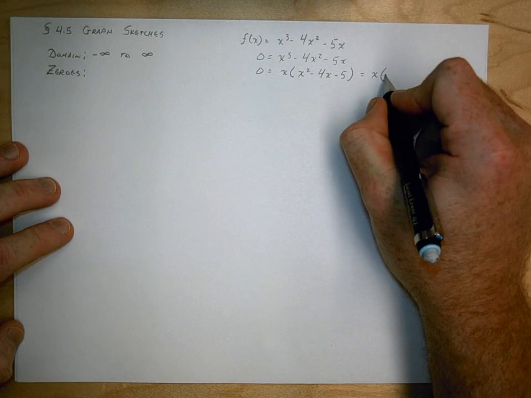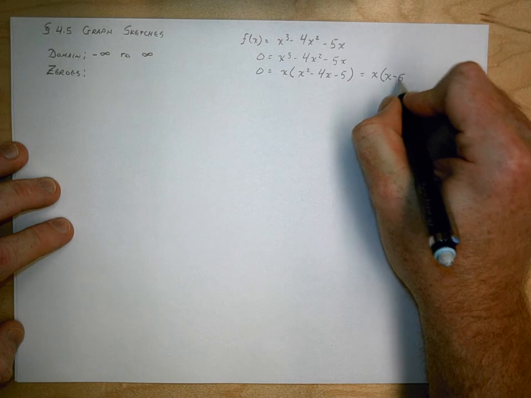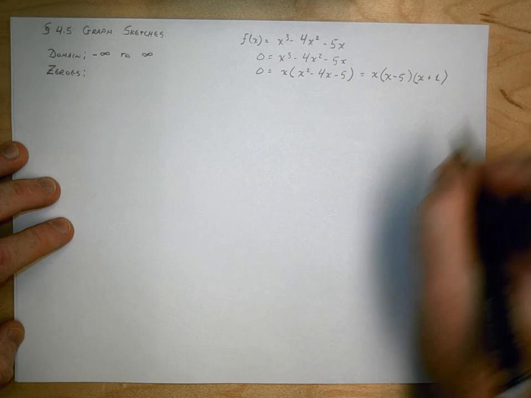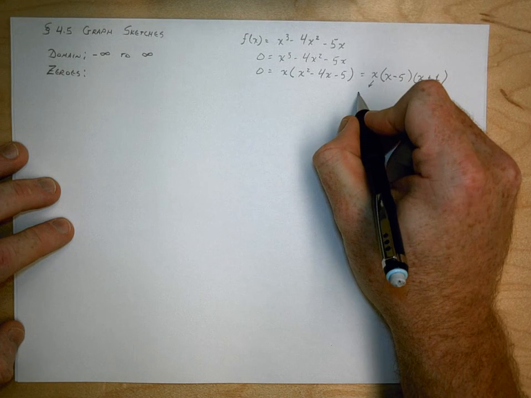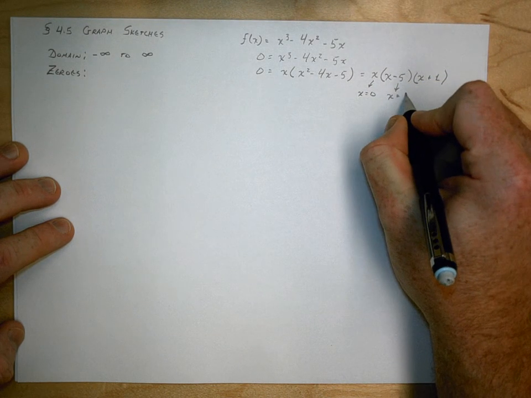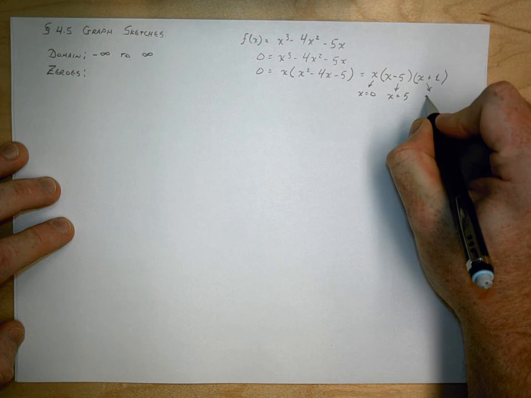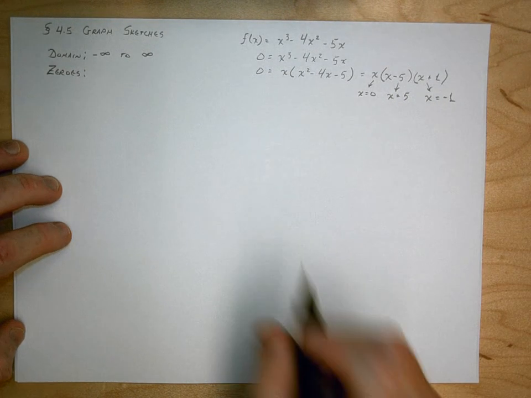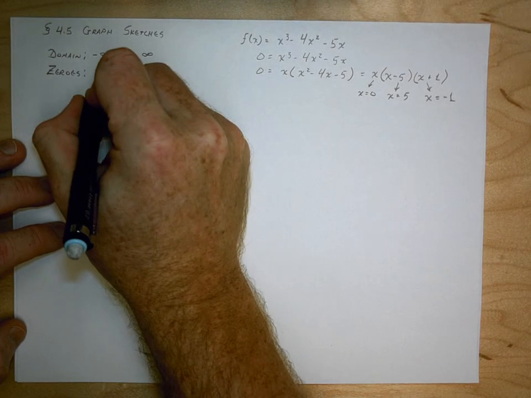And so using the zero product principle, I get x equals 0, x equals a positive 5, x equals negative 1. So those are the places where this graph is going to cross the x-axis.